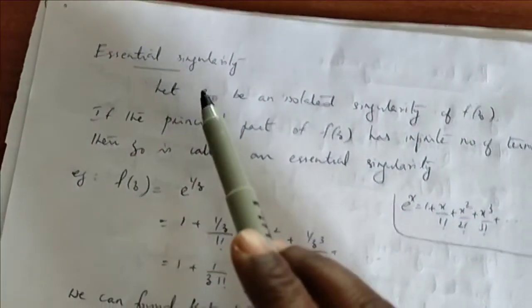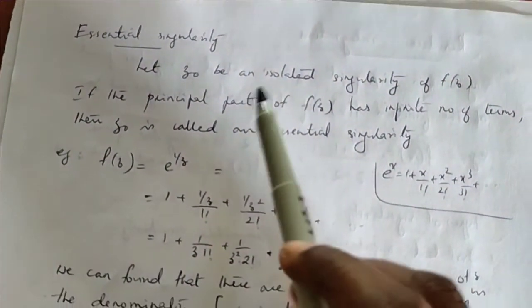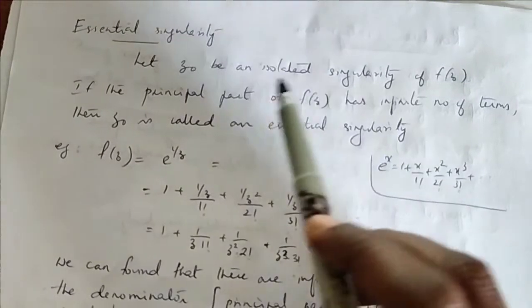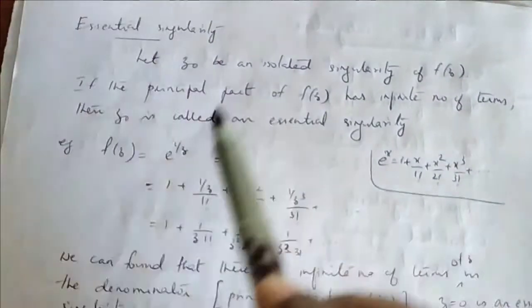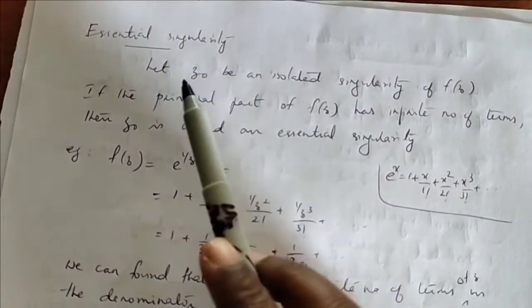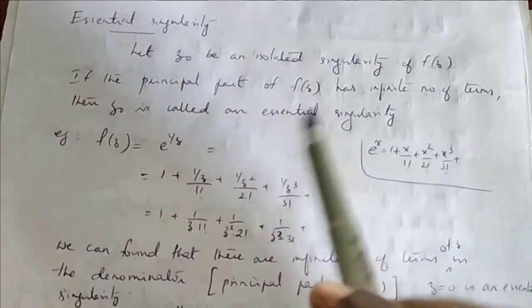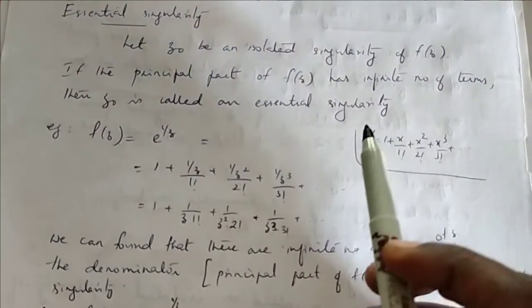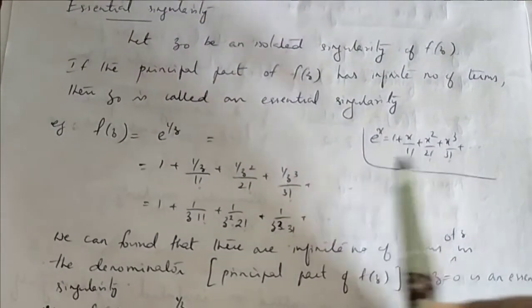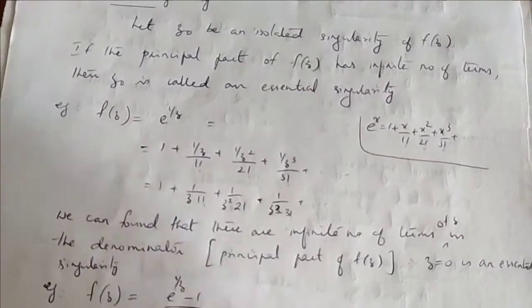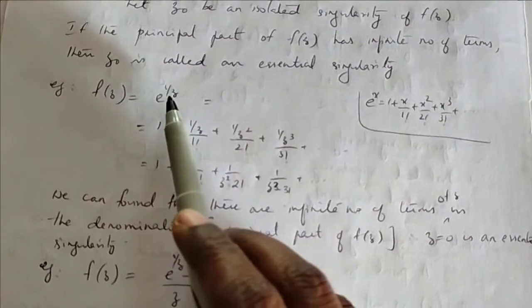Next one, essential singularity. What is an essential singularity? First of all, z0 is an isolated singularity, and that singularity is called essential if the principal part of f of z has an infinite number of terms. That means there are an infinite number of terms in the denominator in terms of z minus z0. For example, e raised to 1 by z.